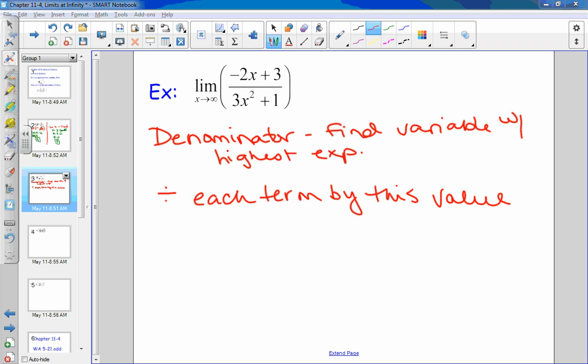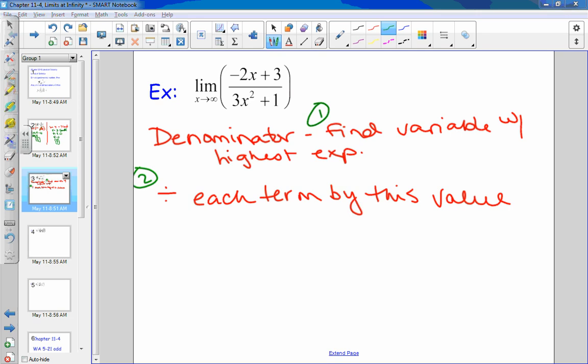So step 1, you are going to find the variable with the highest exponent in the denominator. Step 2, you are going to divide each single term by that. Do we understand that? Each single term in the top and each single term in the denominator.